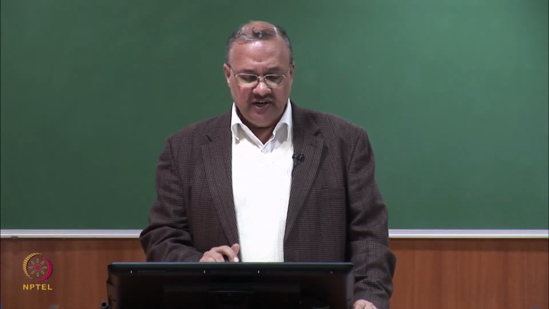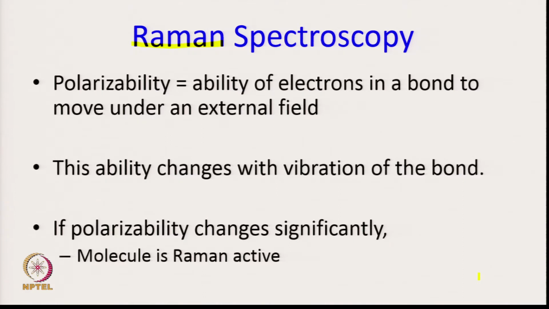So, let us come to the slide, let me put it again in a better way. Polarizability of a molecule is the ability of electrons in a bond to move under an external electric field. This polarizability, this ability, should change.